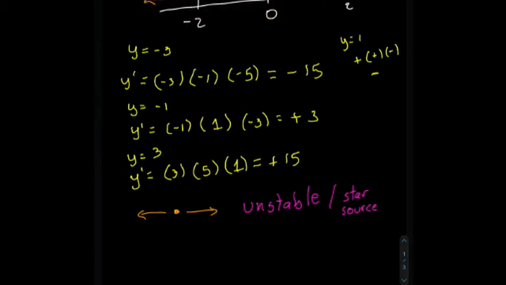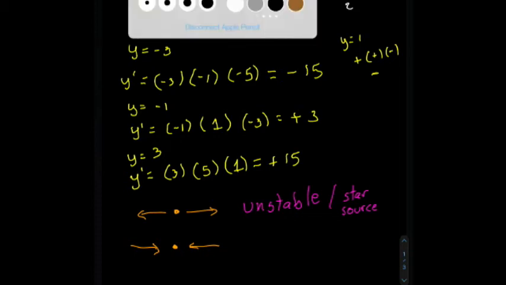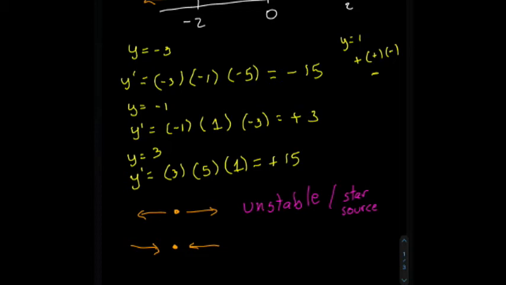So if we now have a point where we have two arrows pointing toward the point, this type of point will be considered a stable, asymptotically stable point. The name of this kind of point is basically a sink. But as I said, we're talking here about the stability and not the name of the point.